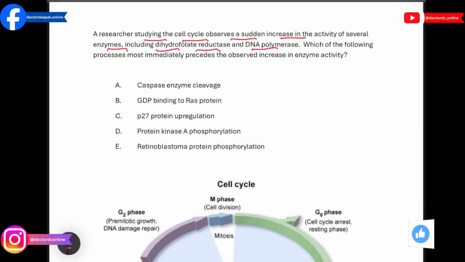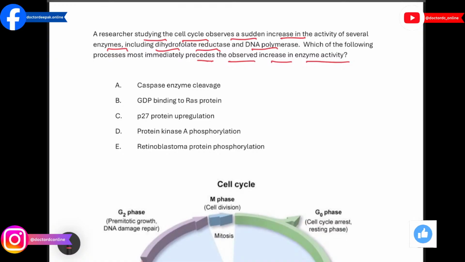Which of the following processes most immediately precedes the observed increase in enzyme activity? We are saying researchers are doing a study in the cell cycle, and there is a sudden increase in several enzymes, including dihydrofolate reductase and DNA polymerase.